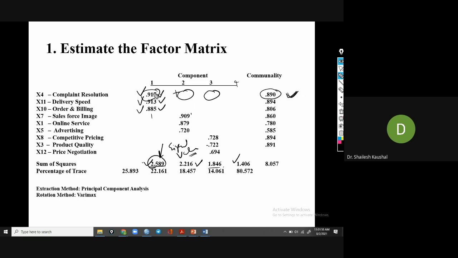When I vertically add all the variances, then we obtain this. And percentage of trace means when we divide 2.589 by the number of variables, we obtain this percentage of trace. So this is about the factor matrix.